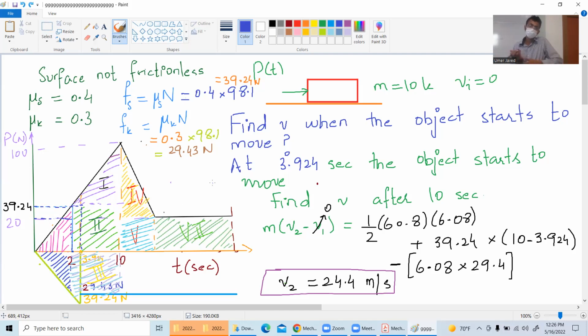Which one is the first equation? 1.5 times 6.8 times 6. Oh, okay. You mean that it cuts the line there, so I should change the 2. You mean it cuts this line here, so the 2 should be here. Is this what you're trying to tell?